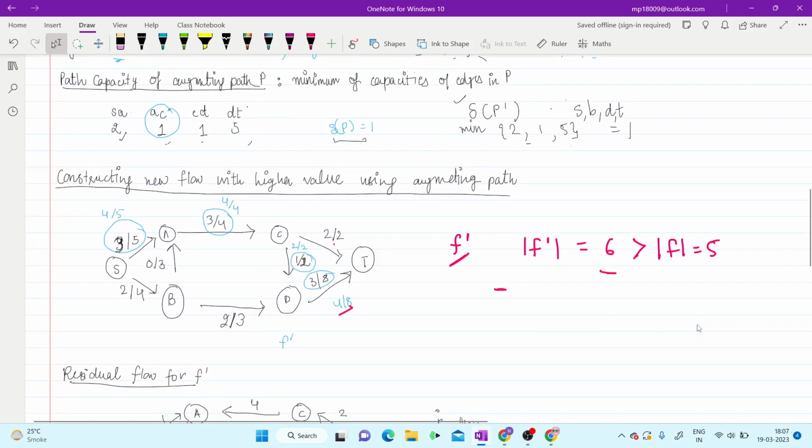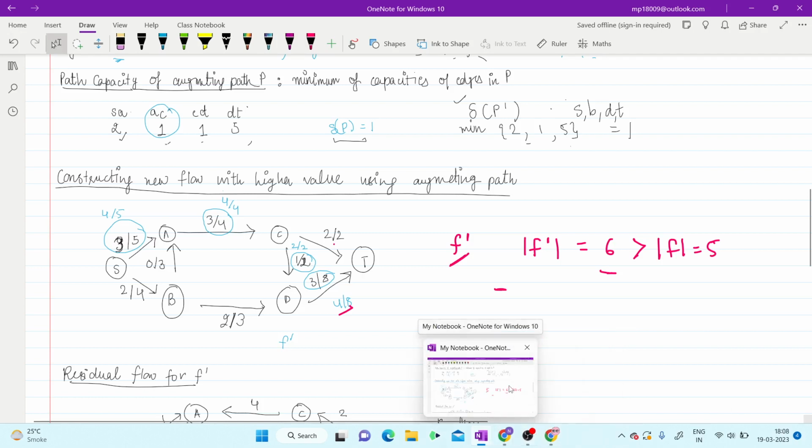And you can check that this new function is also satisfying the conservation law and the capacity rule. So this is indeed a flow function. So does everyone understand this process? Given that we have some augmenting path in a residual flow diagram, how can we construct a new flow which has a higher value?